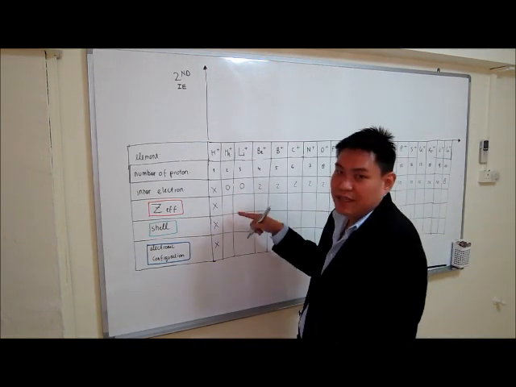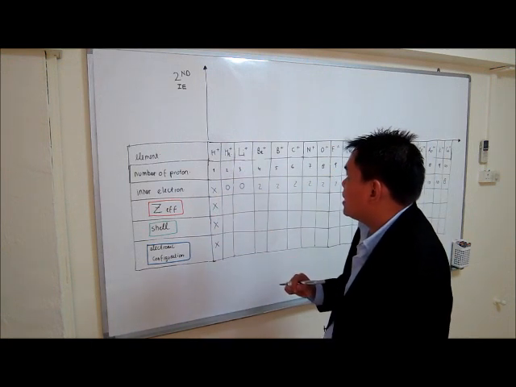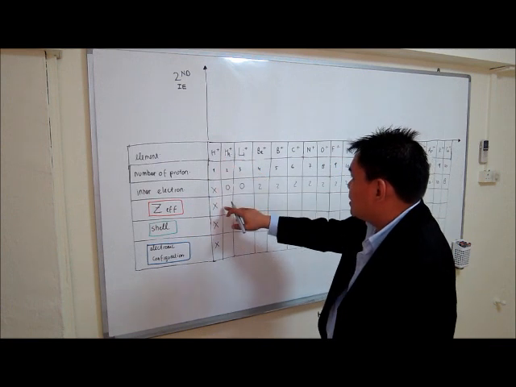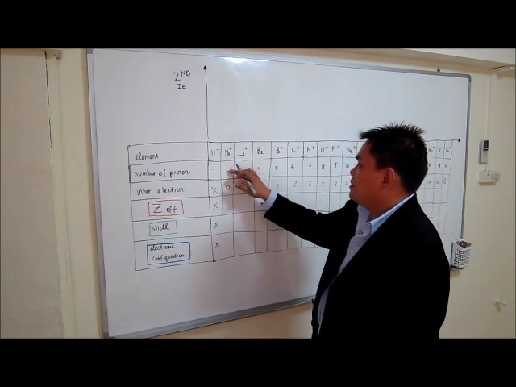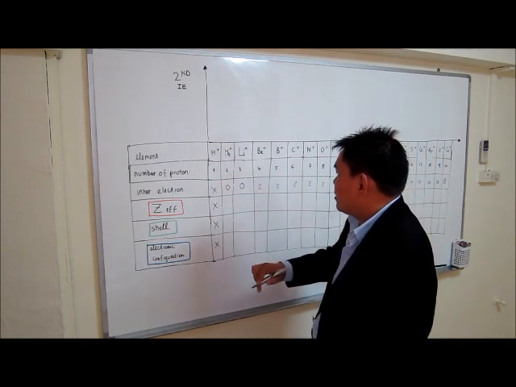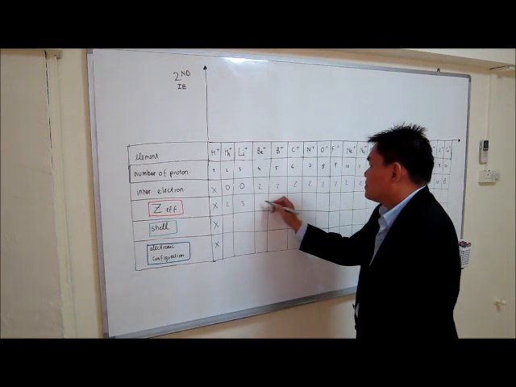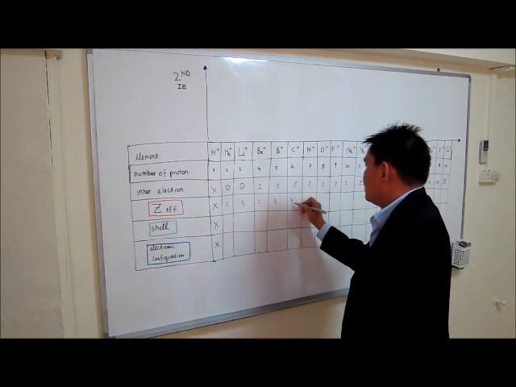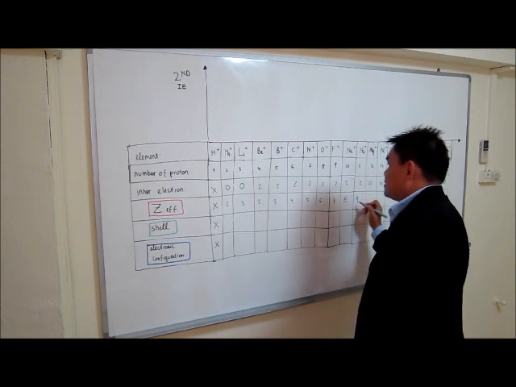Why do we need to fill up the inner electrons? It is to help us find the effective nuclear charge for all the elements. And to do that is very simple. You just subtract the inner electrons from the number of protons, so it's easy for us to do. 2, 3, 2, 3, 4, 5, 6, 7, 8, 9.